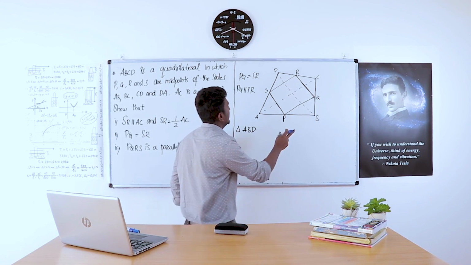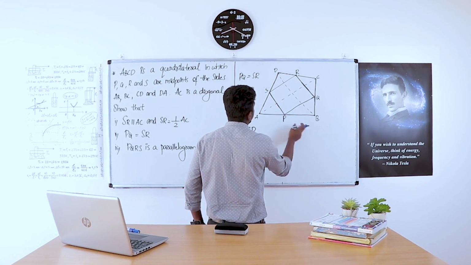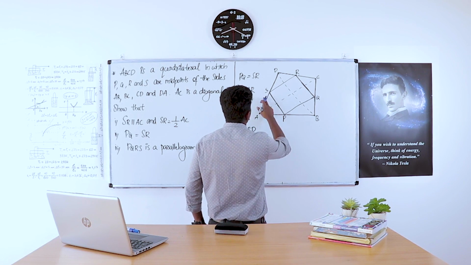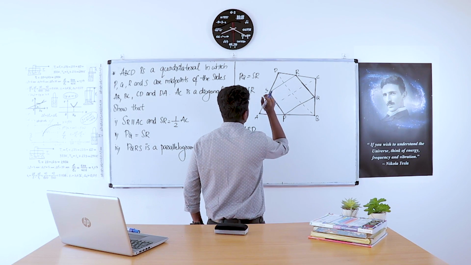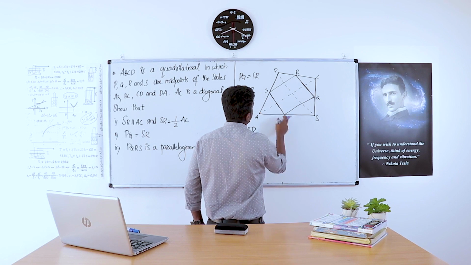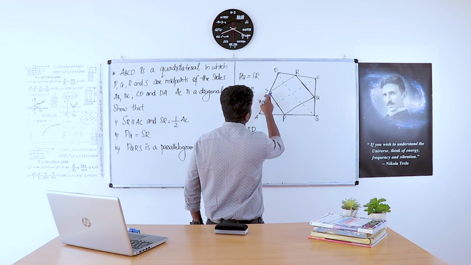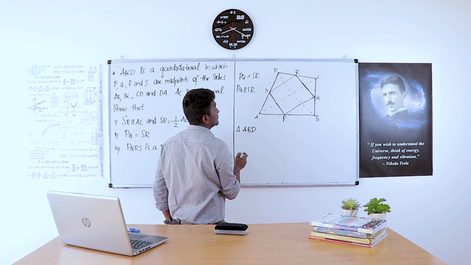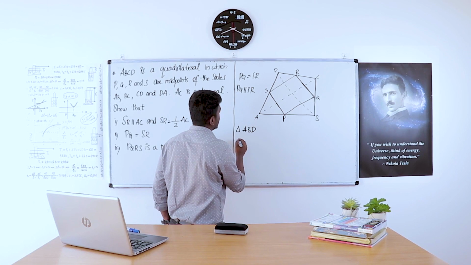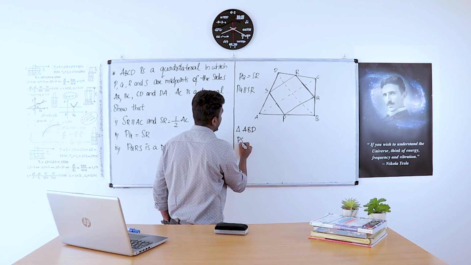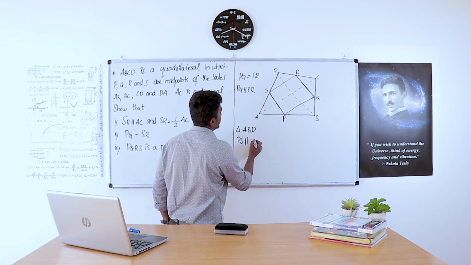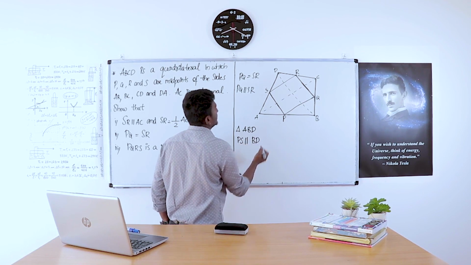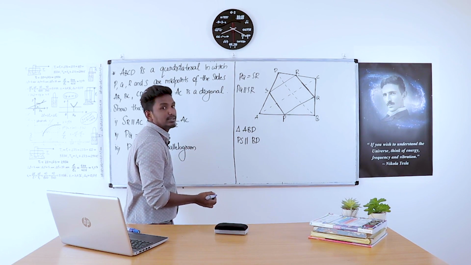In triangle ABD, we know that P is the midpoint of AB and S is the midpoint of AD. So from the midpoints of these two sides, when we draw a line, this line is parallel to the third side. So by midpoint theorem, we can say that PS is parallel to BD.